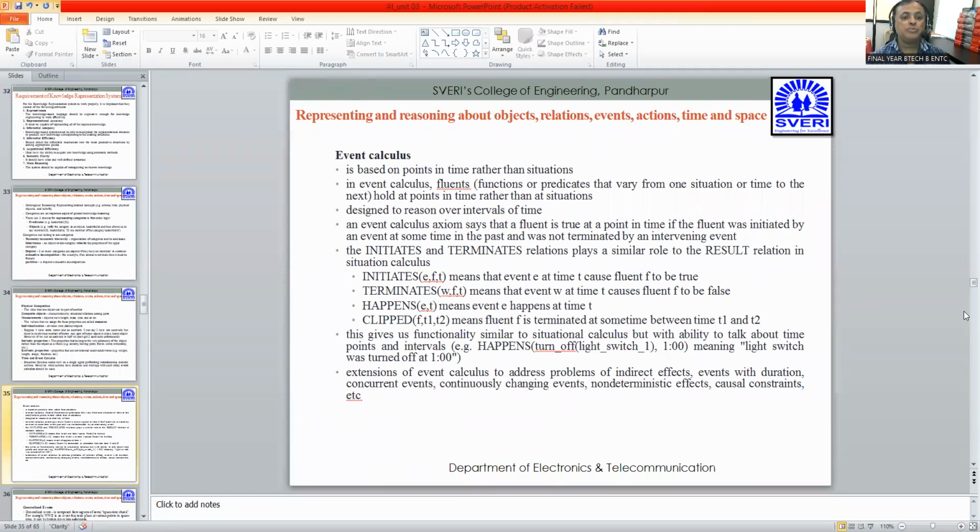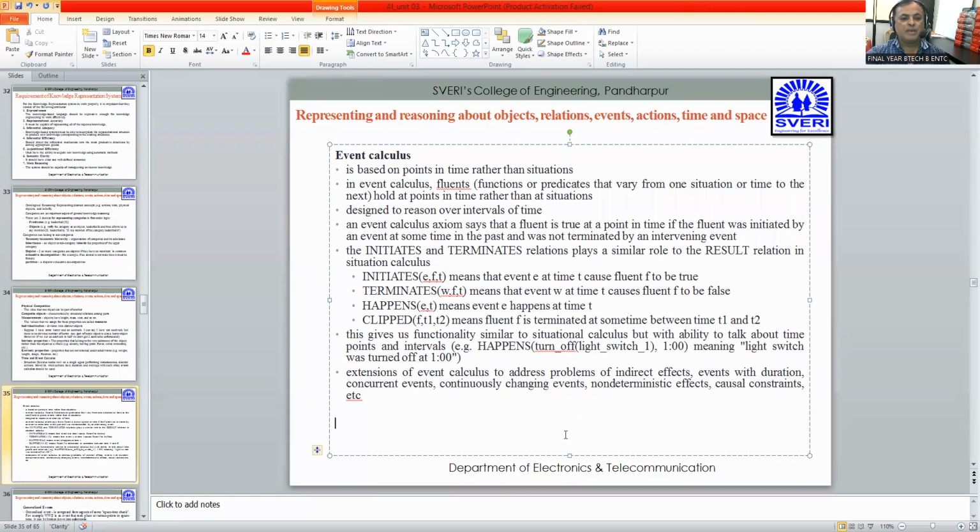So how can you use Happens(E, T)? This event E is the light switch being turned off, and T is the time. So the light switch will be turned off at 1. This is called Happens.